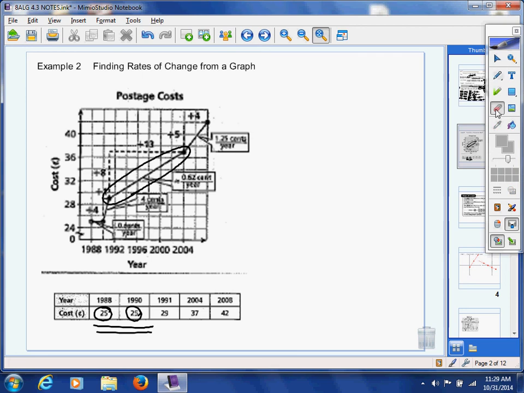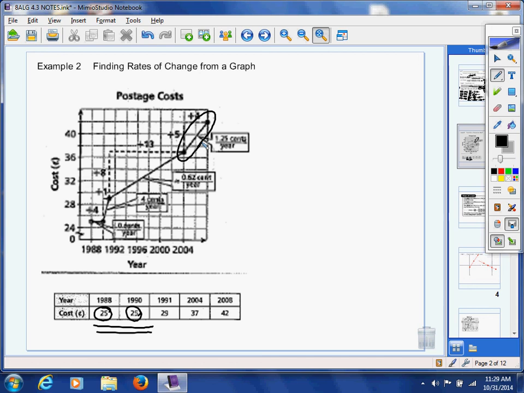So let me erase that, and we'll get to our last segment, which is right here between 2004 and 2008, where in that 4-year segment of time, our price went up 5 cents. So we have basically a little over a penny increase per year, and it's a little steeper, but it's not the steepest of the 4 segments that are up there.